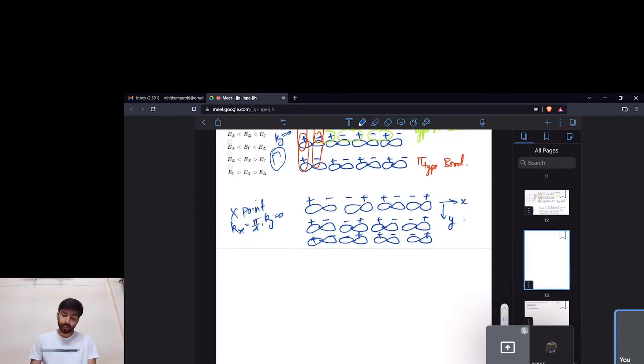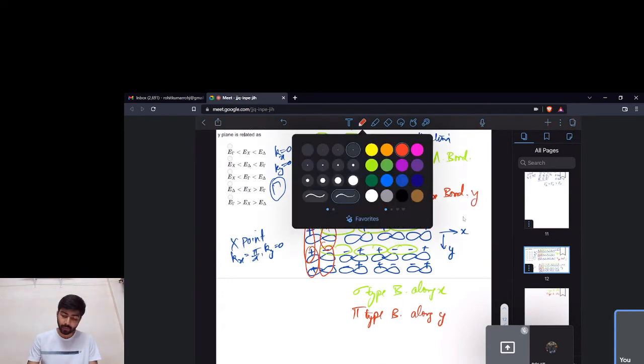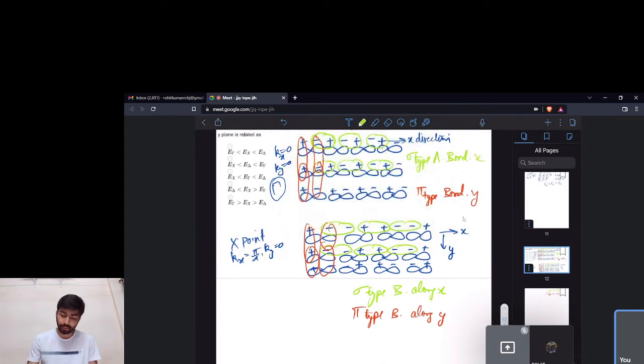So now at X point, what we have here, as we did last time, is bonding, bonding, bonding, bonding, bonding, bonding. Sigma type bonding along x, and again pi type bonding along y, and this was also along y, and let me just for clarification mention it along x.